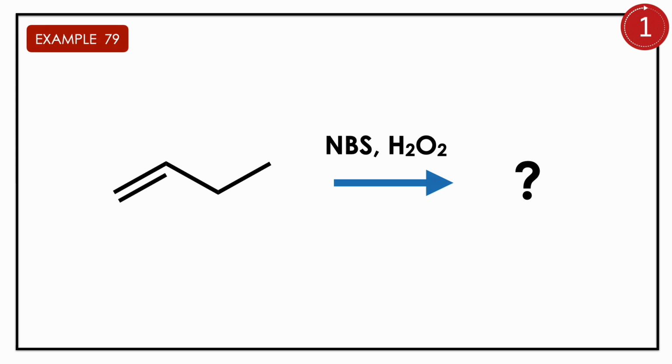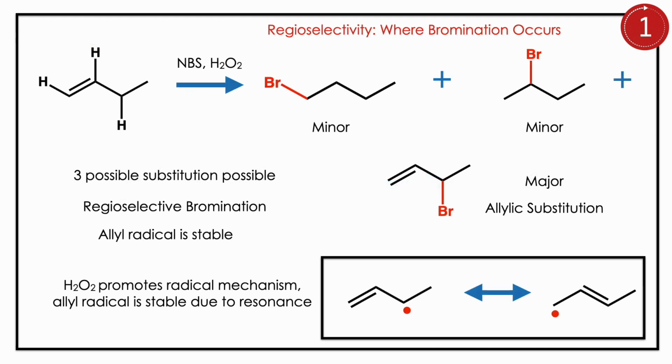Then the next example, you have cyclobutene reacting with N-bromosuccinimide and hydrogen peroxide. You should find what will be the final product. Here you are using N-bromosuccinimide and hydrogen peroxide, which promote radical mechanism.